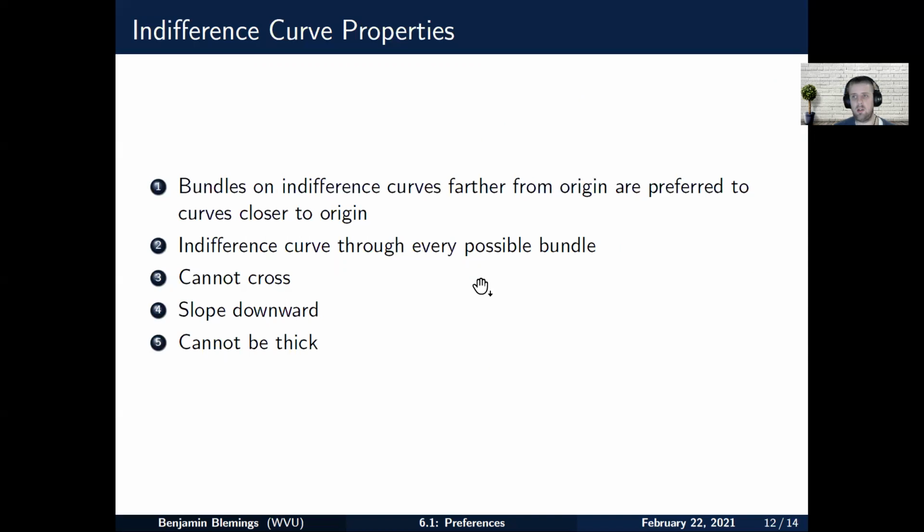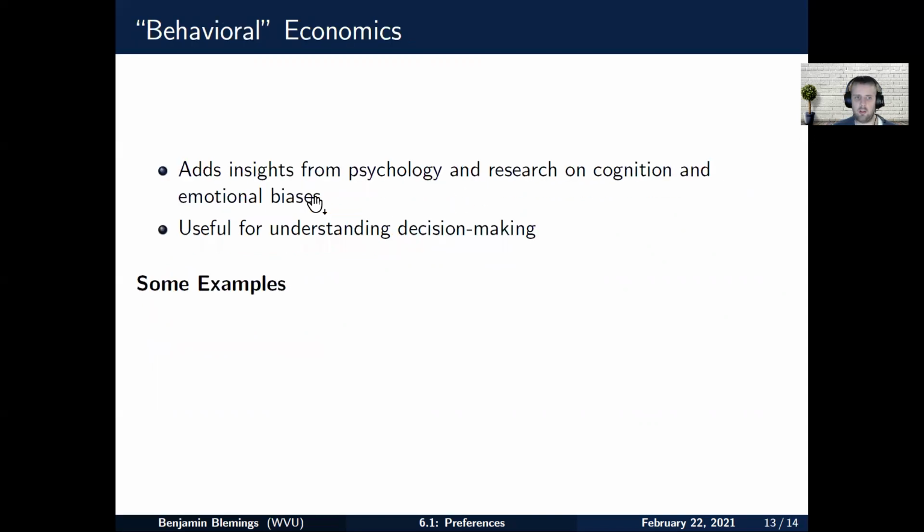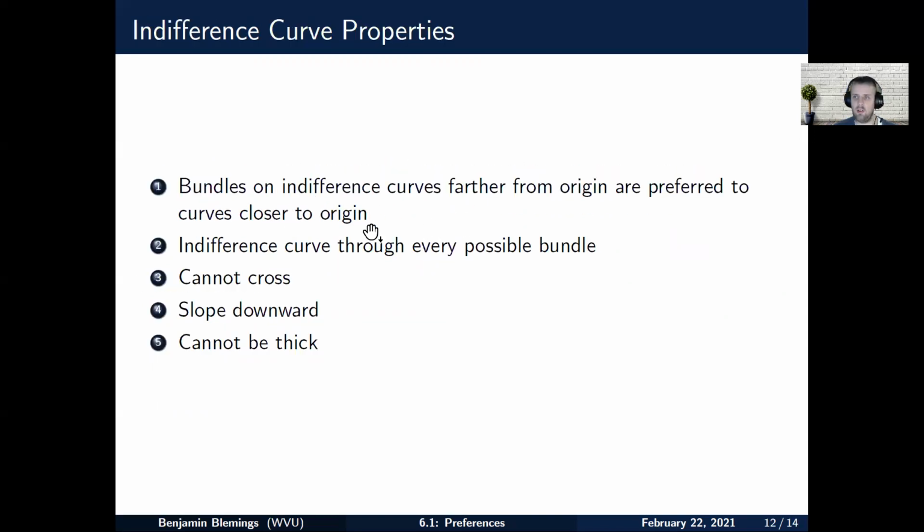So we have a number of properties for indifference curves that follow from the properties that I've defined about preferences. And this will be part of your homework. We know that bundles on indifference curves farther from the origin are preferred to curves closer to the origin. That's what I talked about being farther away or closer to the axes. We know that there will be an indifference curve through every possible bundle on the preference map.